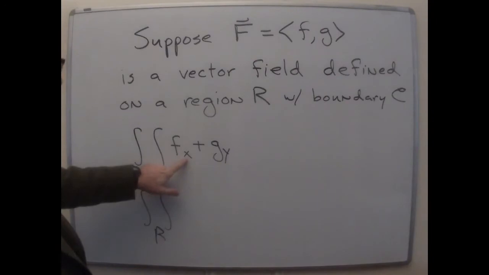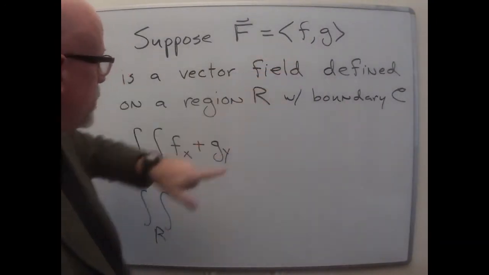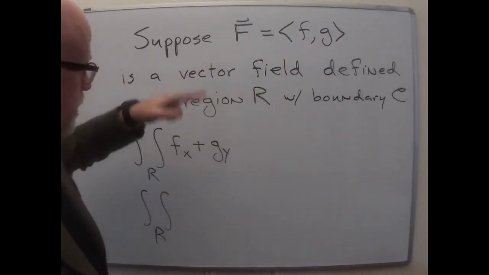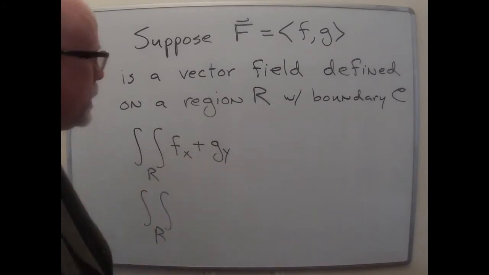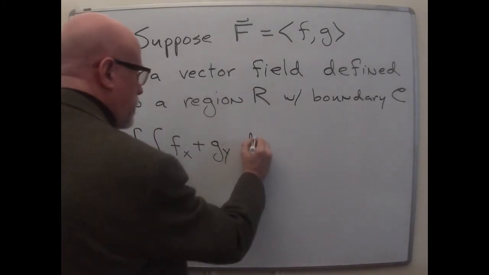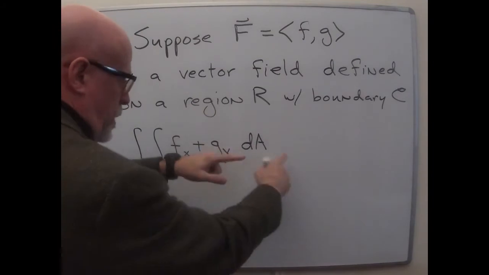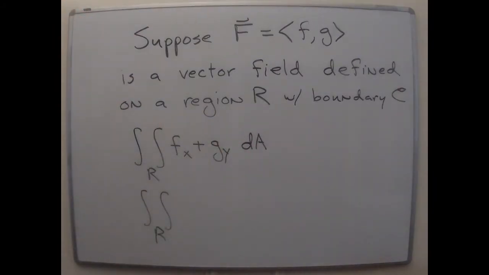That is, the derivatives match with the positions: f sub x, because f is in the x position, g sub y. This would be done with respect to area. It could be dx dy, could be dy dx, depending on how the region was shaped. You might even have to switch to polar or some other coordinate system for that integral.